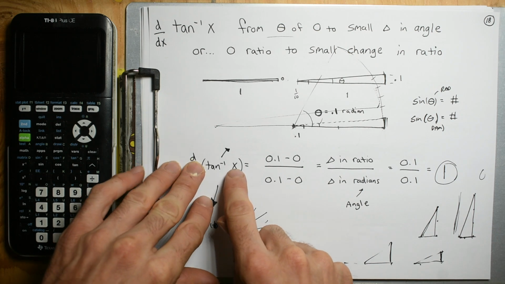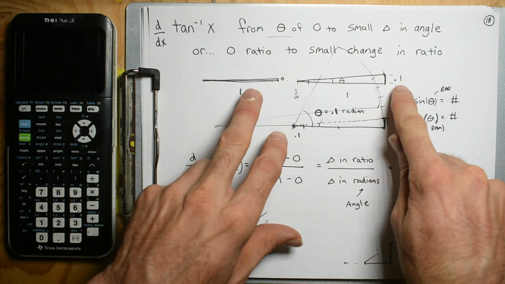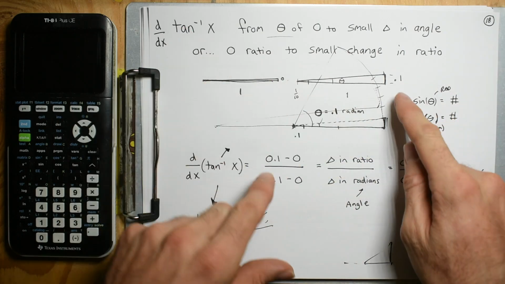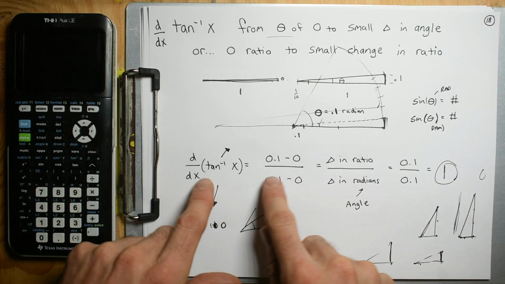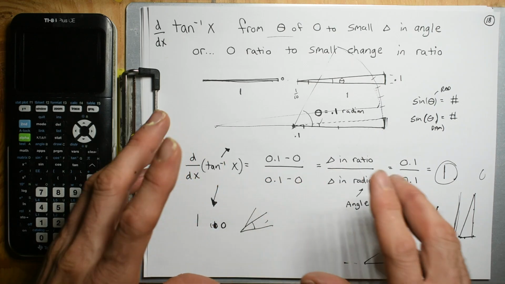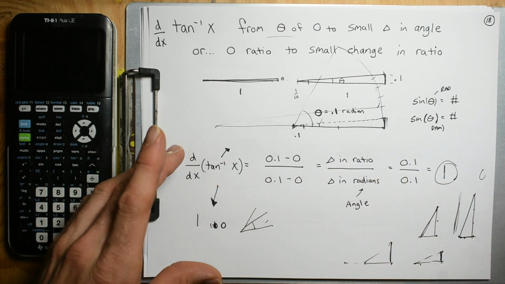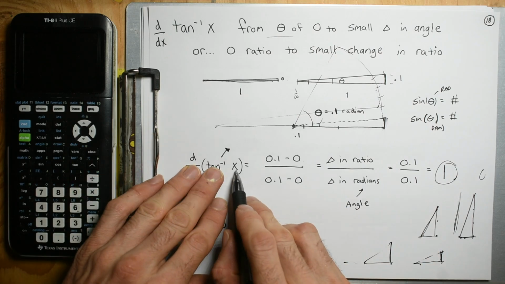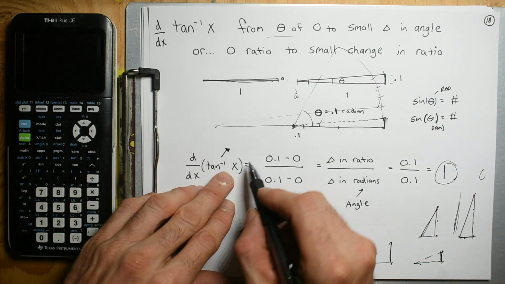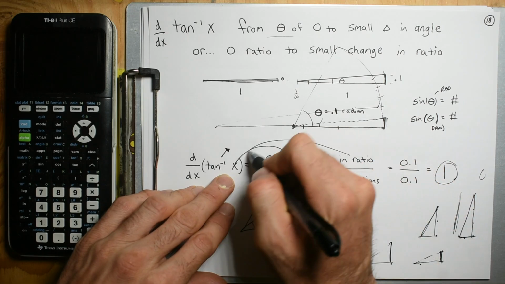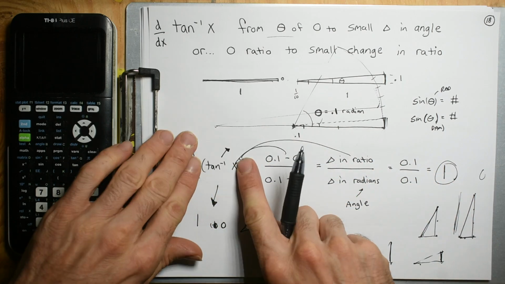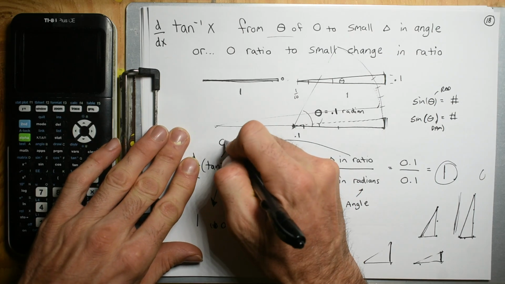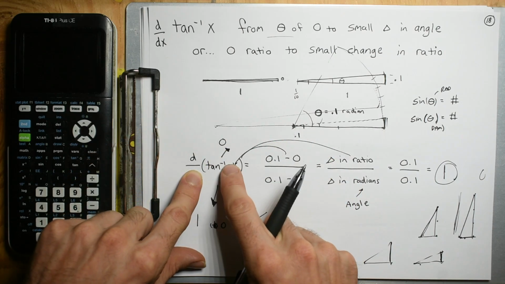So the ratio is 0 to 0.1. So the change in that ratio is 0.1 minus 0. That's the change in the ratio. When I put the ratio of 0 in here, this says my angle is going to be 0. So that's going to be the change in the angle.